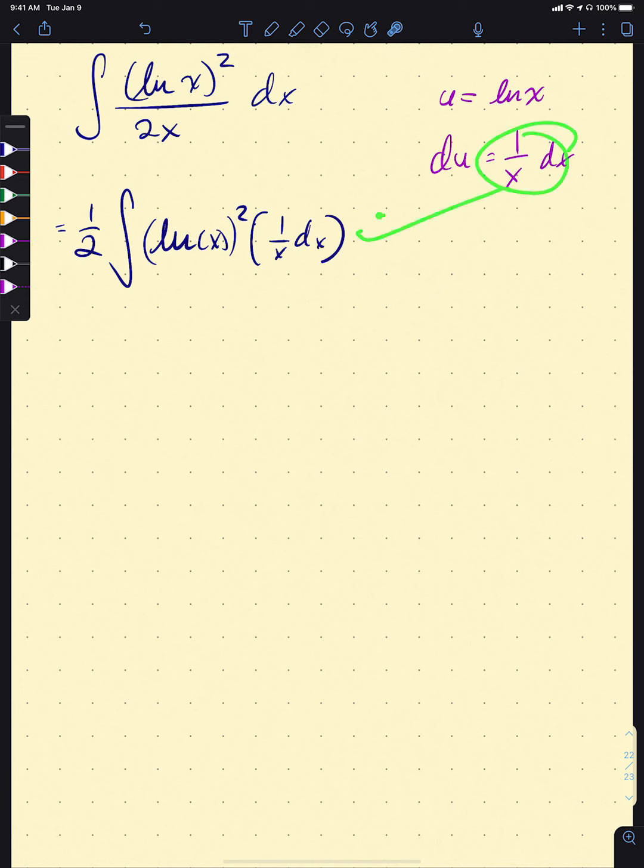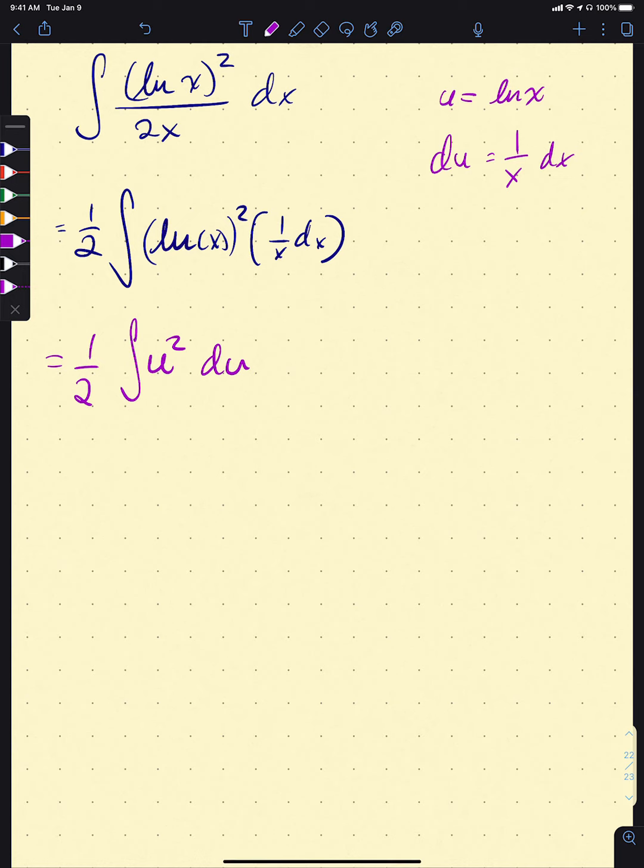But this is precisely my du. And u is the natural log of x. So this is equal to 1/2 times the antiderivative of u squared du. But we know how to calculate the antiderivative of u squared du.